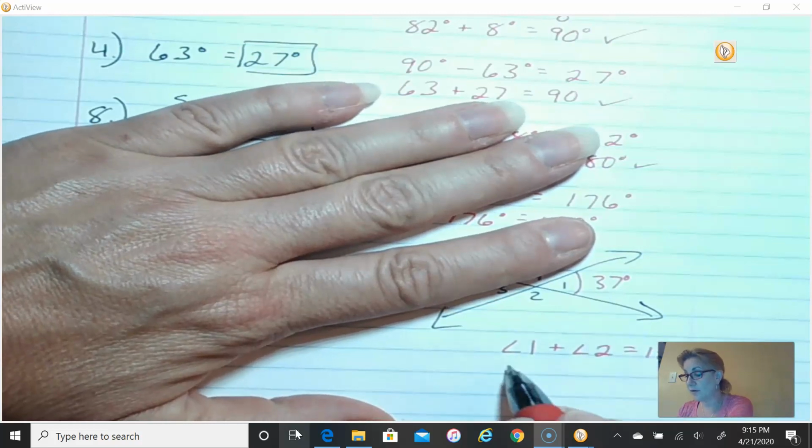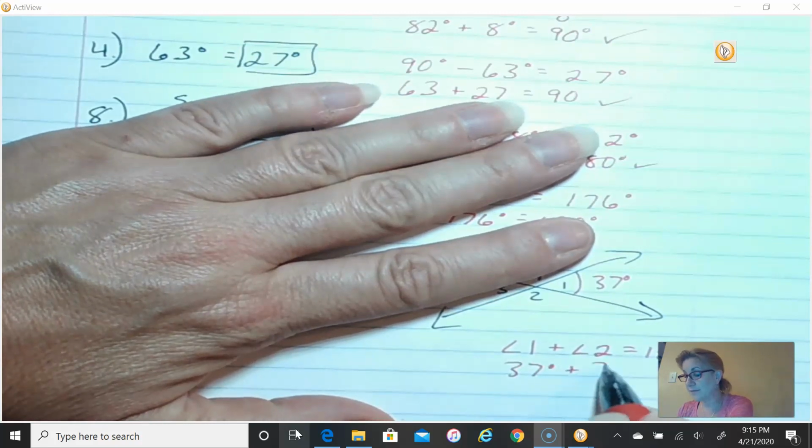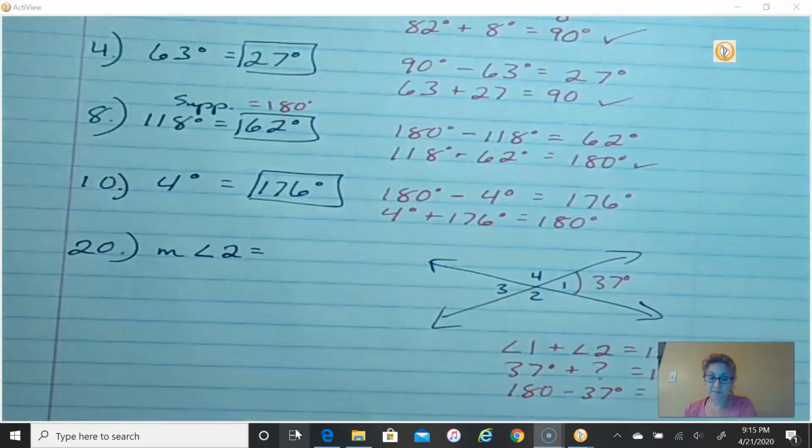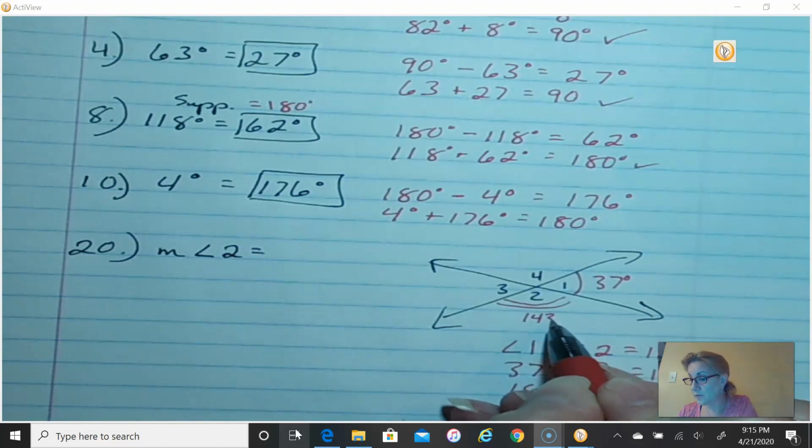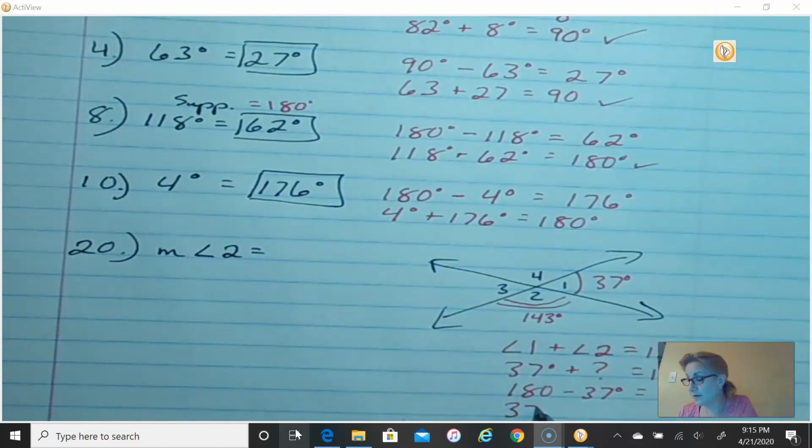So if angle 1 is 37 degrees, we can subtract 180 minus 37 degrees. What does that give you? 143 degrees. So then angle 2 is 143 degrees. You can go back and check that. 37 plus 143 equals 180. It checks.